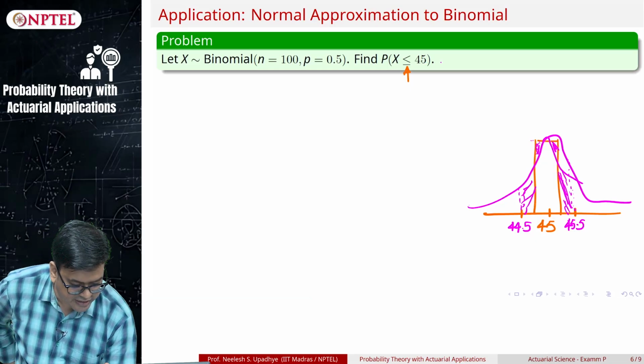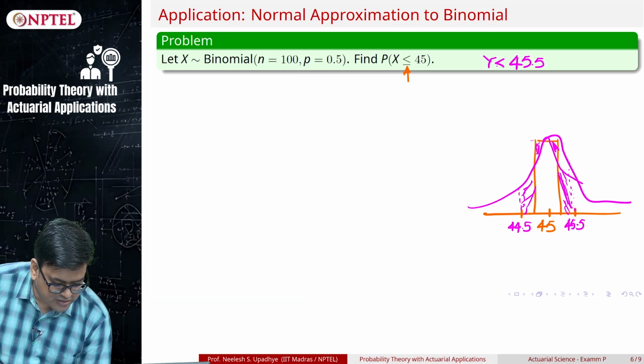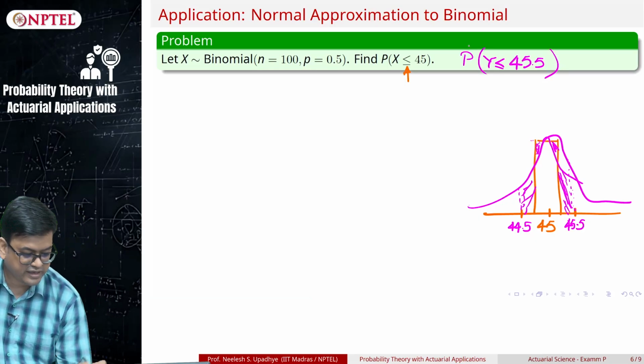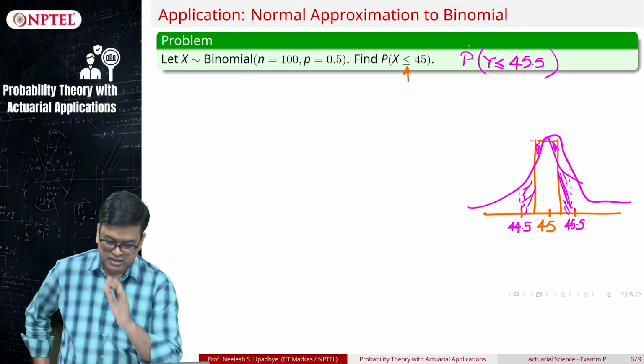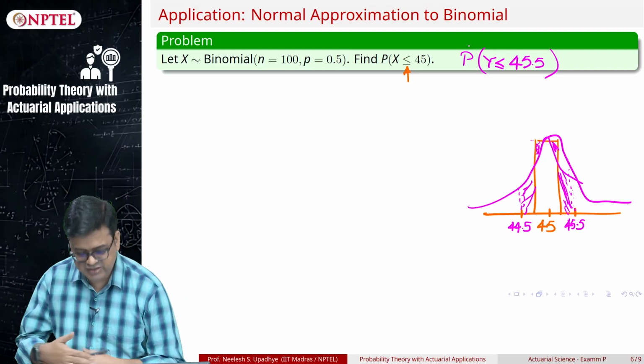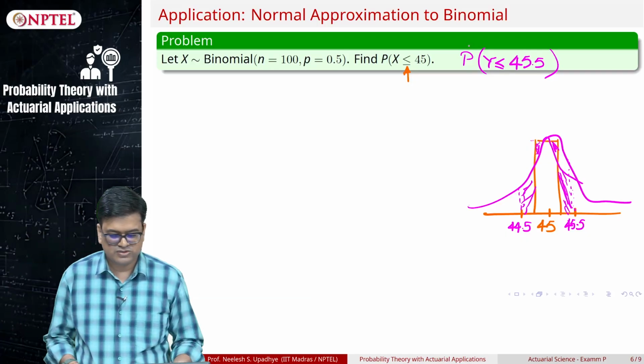If I am looking at x less than or equal to 45, I should look for y which is less than or equal to 45.5. That is the idea of rule 1, right? So remember this at the back of your mind, and then we will assume this problem solving drill as usual.